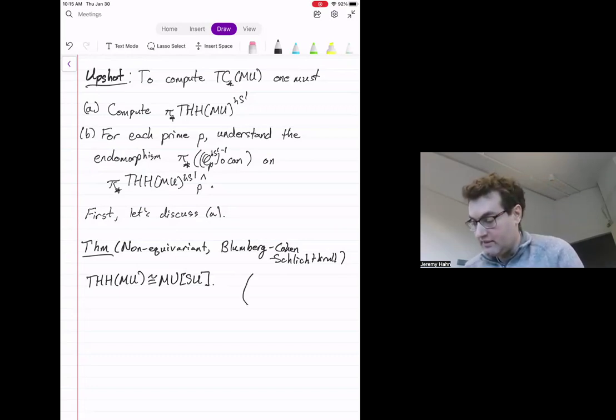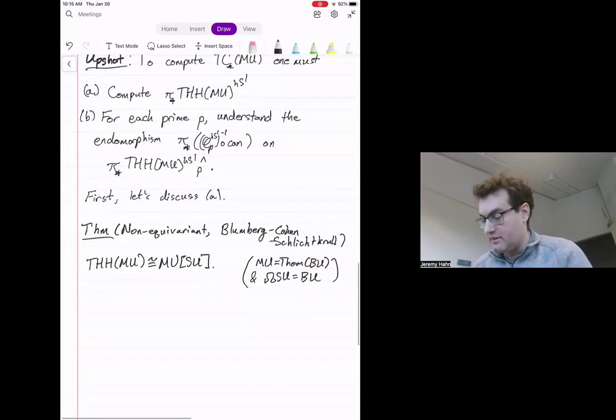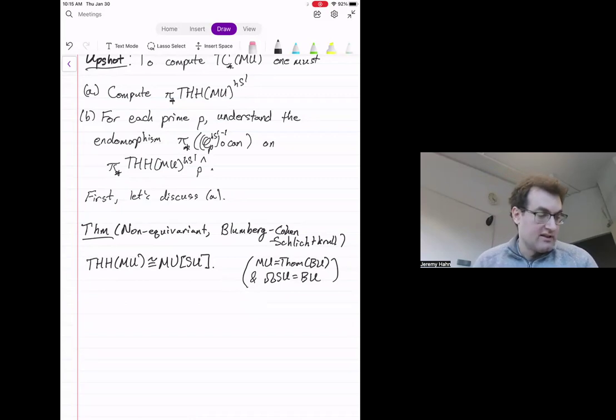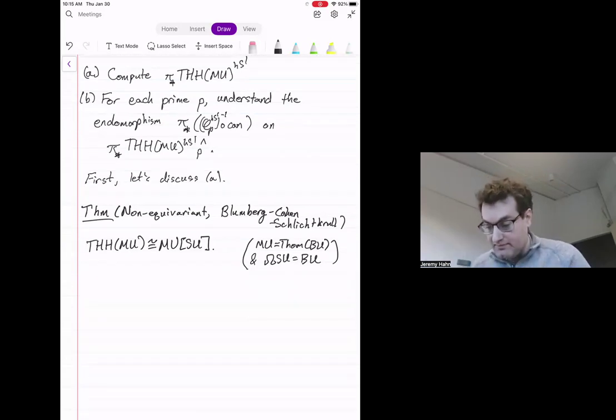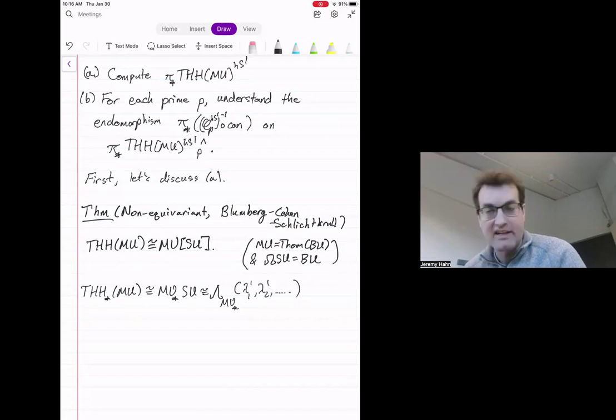And roughly speaking, the way one proves this theorem is that MU is the Thom spectrum of BU. And the other important fact is that loops on SU is BU. So these two facts combine, thanks to this work of BCS, to prove this fairly simple description of THH of MU. And so in particular, the homotopy groups of THH of MU are the MU homology of SU, and that's just an exterior algebra on a bunch of classes that are in some places in the literature denoted by lambda_i prime.